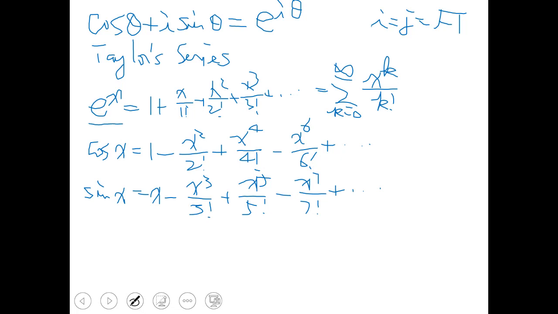This converges not only for real numbers but also for complex numbers.